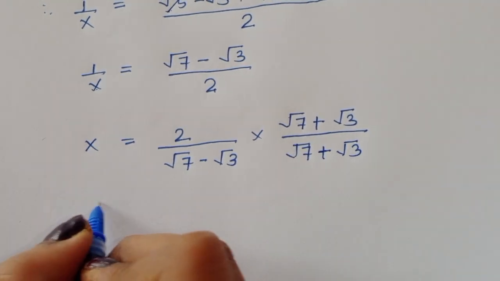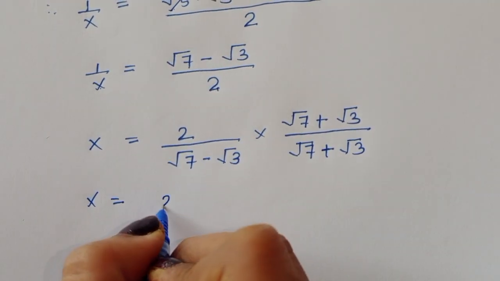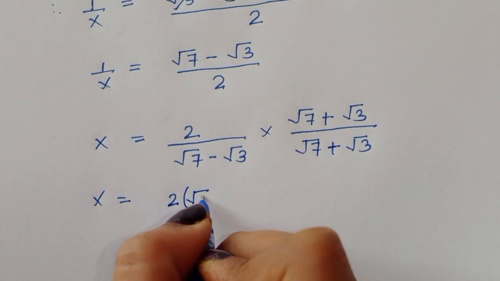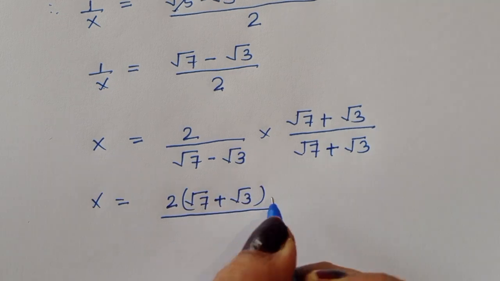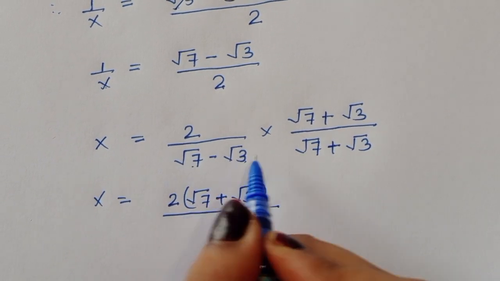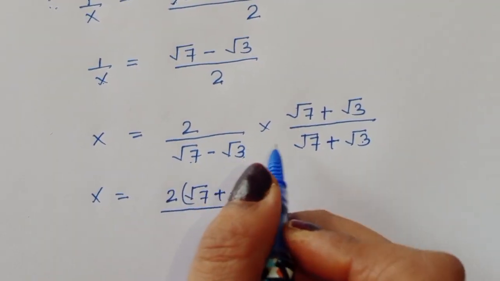So we will get x is equal to 2 times square root of 7 plus square root of 3 divided by, this is again a minus b, a plus b, so a square minus b square.